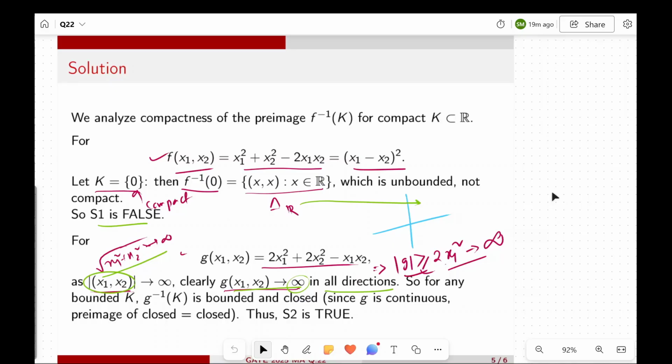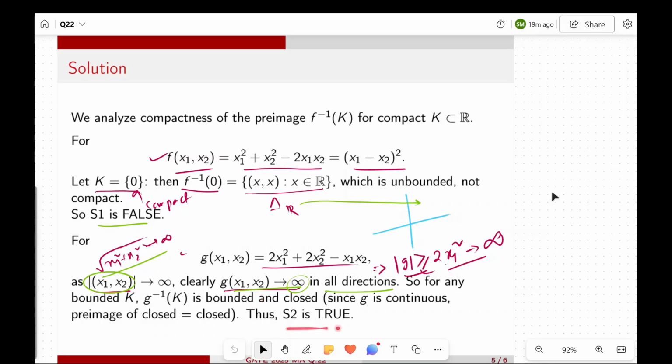So g is a coercive function. This tells us that g is continuous, its pre-image is closed, and g inverse of K is also bounded. So g satisfies all those properties which we have shown in the key facts.